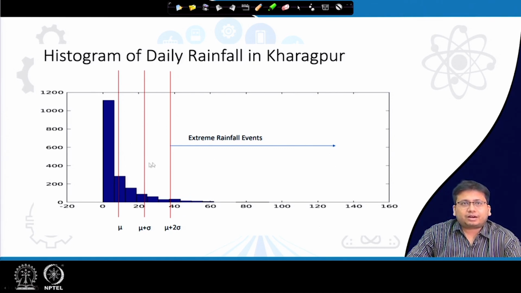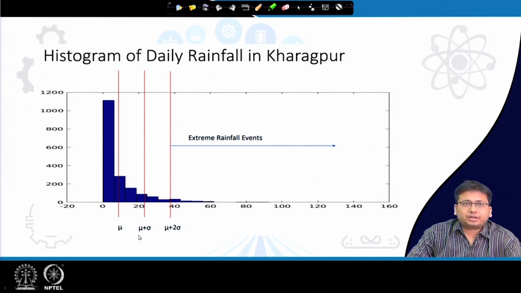Most of the days have negative anomaly, only a small number of days actually have positive anomaly, and then among those positive anomaly days, a very minuscule fraction of the days actually have the extreme rainfall events, if extreme is to be defined in this way.